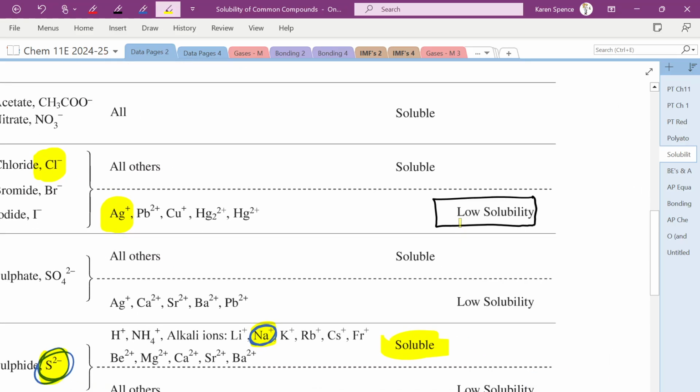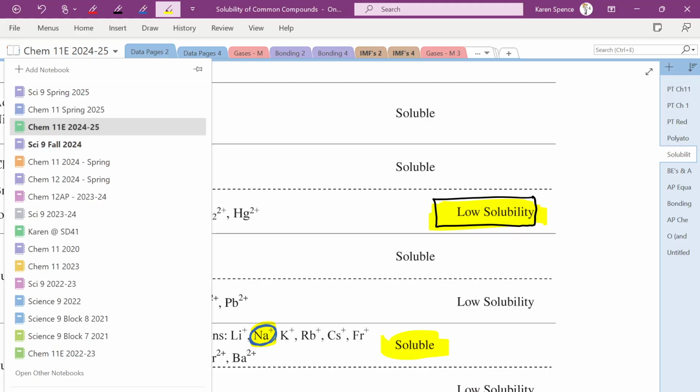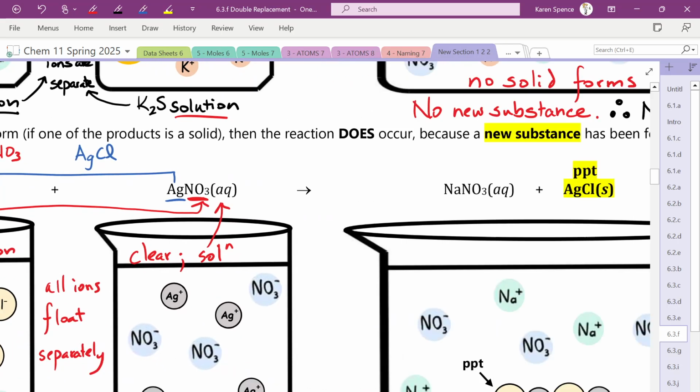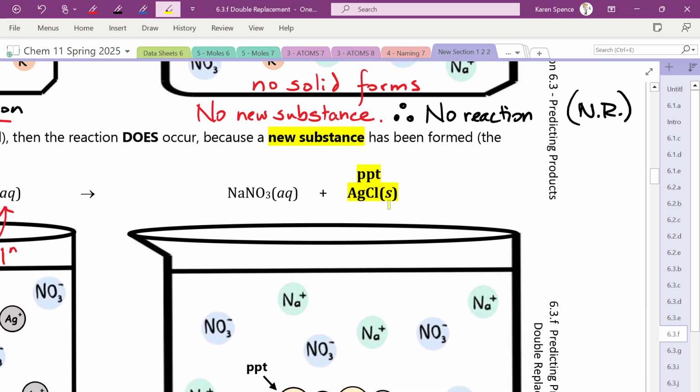And if that's the case, it is low solubility, which makes it a solid. So if we go over here, there is our AgCl, and that is our, what does PPT stand for? Precipitate.